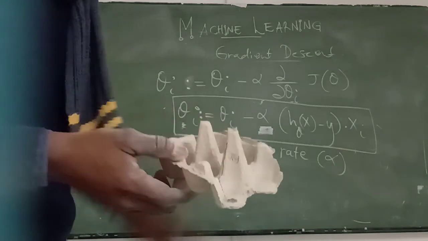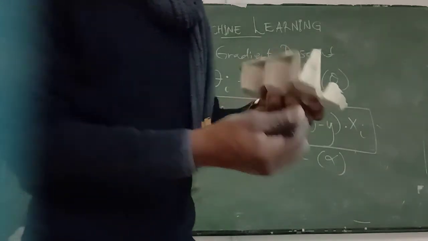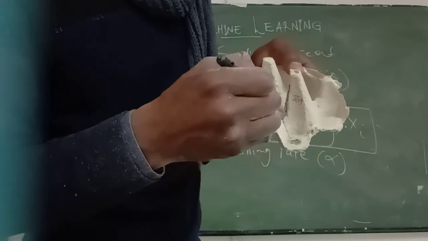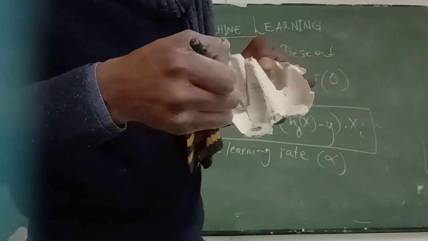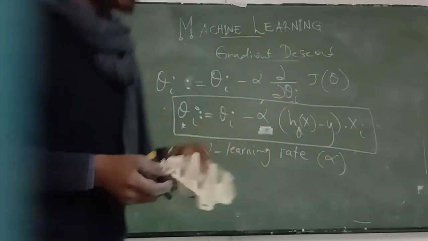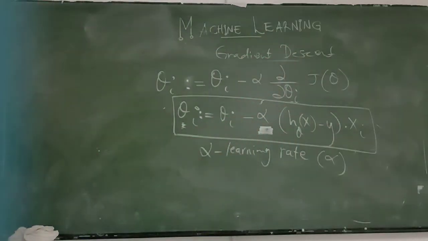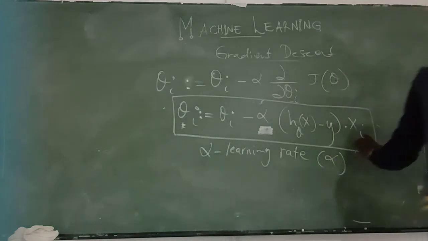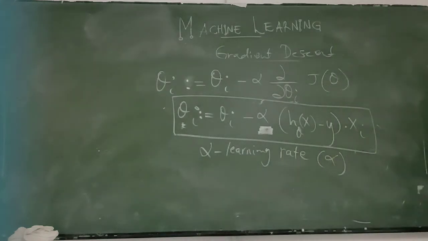Even here in this egg container, you can see that it's a curve. It starts to get curvy. You see the gradient is steeper, but as I'm approaching the minimum, the gradient becomes so small. It becomes smaller and smaller. All right. So basically, this is an algorithm that I wanted us to be able to prove today.